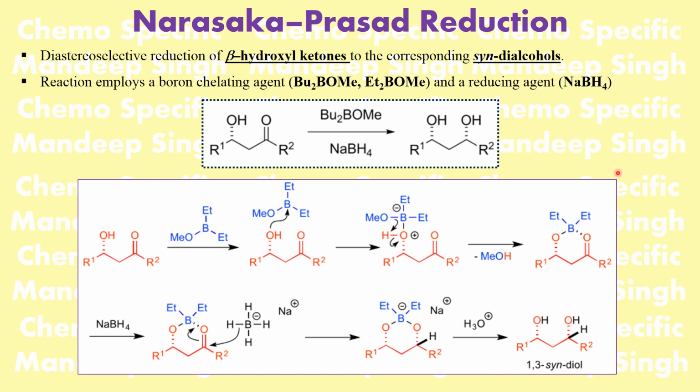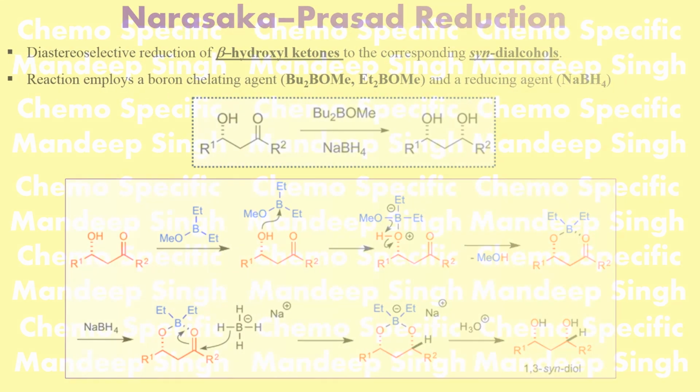The most important thing about this reduction reaction is that the end product is the 1,3-syn-diol. Just always remember that. Now let us try and look at the mechanism from the first Felkin rule aspect of it. Let's have a look.